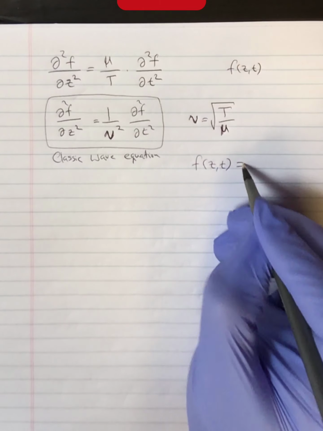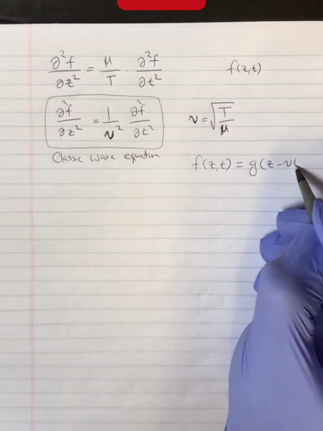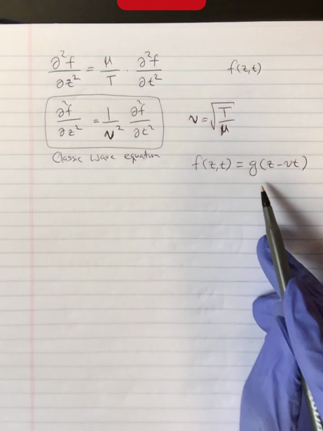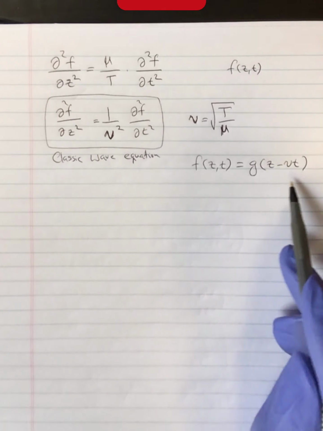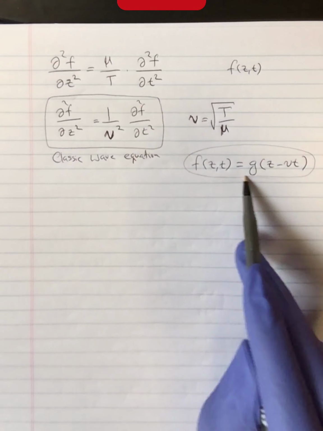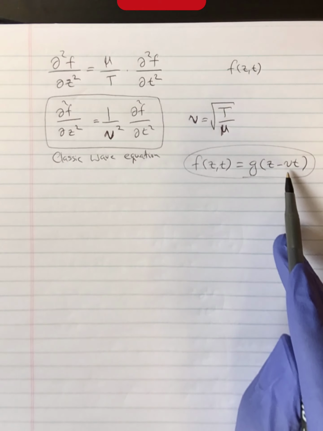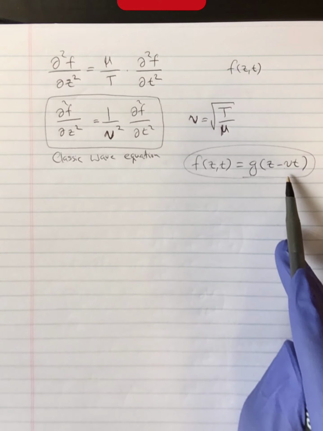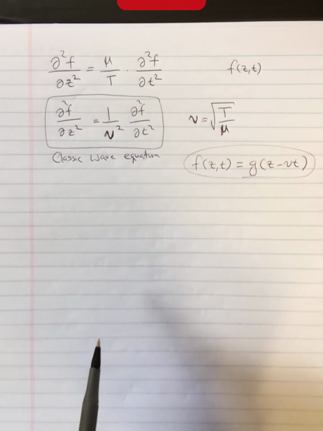Okay. So next I want to show you that any function F(z,t) which can be written in terms of g of z minus vt, as we discussed in the previous video, any function that can be written in this form, which is a random wave propagating with constant speed of v, is going to satisfy the wave equation.